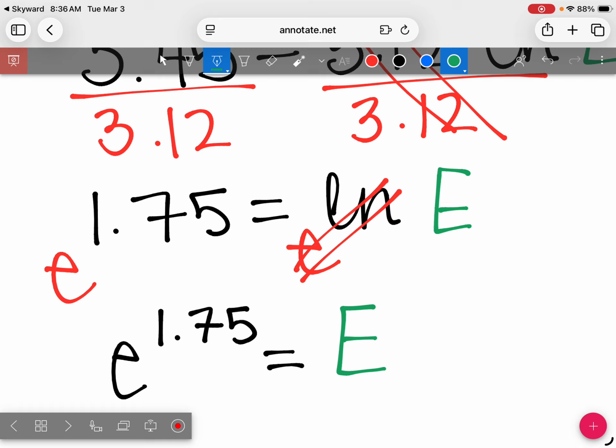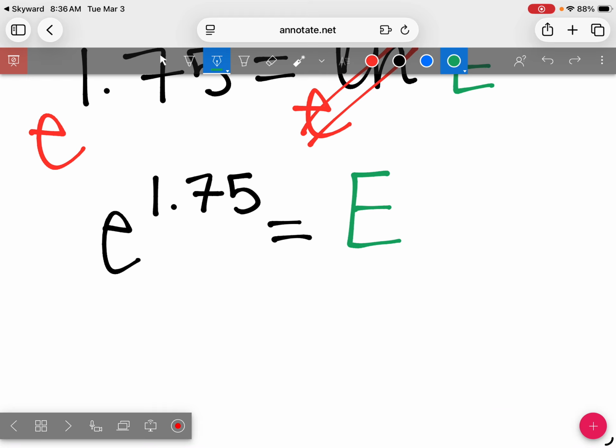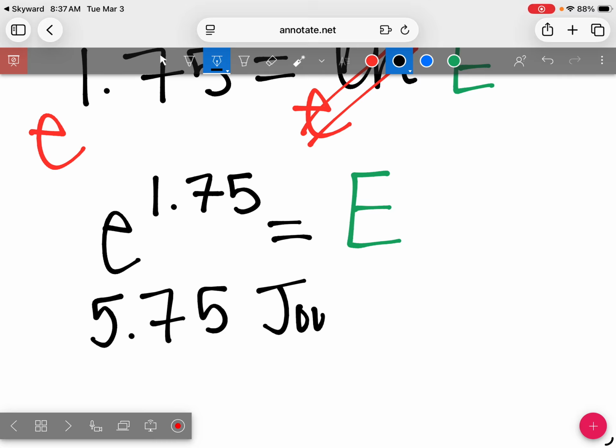So how do you type that in your calculator? What you need to do is hit the green key first, then hit LN. Hit the green key, then you hit LN to get the E. Type in the exponent, 1.75, hit enter. If you typed it in correctly, you should get 5.75 joules.